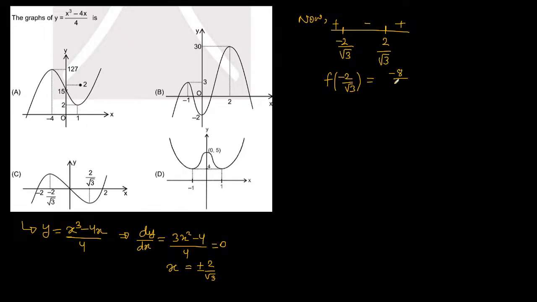Minus 8 by 3 root 3 plus 8 by root 3, whole divided by 4, which is 16 by 12 root 3, 4 by 3 root 3.